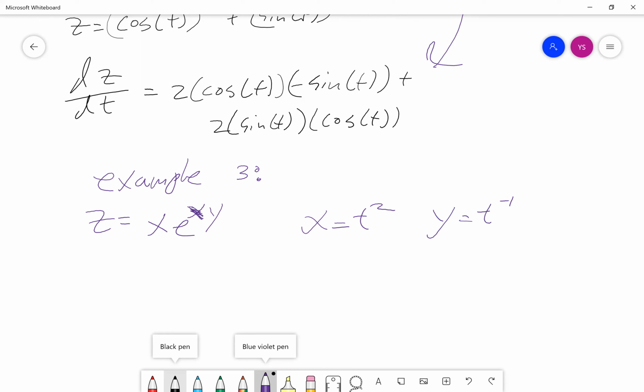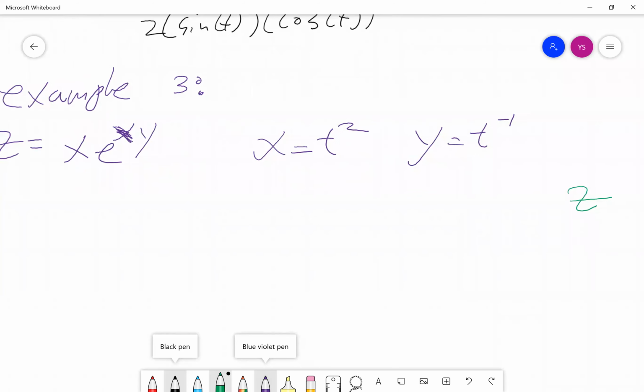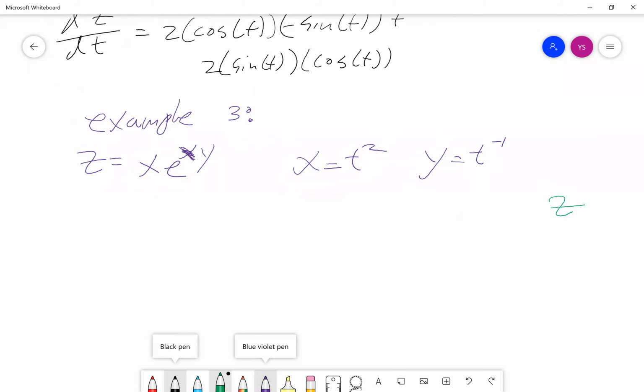And rather than plugging in what all of this is, we can just use the formula. So again, we build our tree, which is our z, which depends on x and y, which both depend on t.